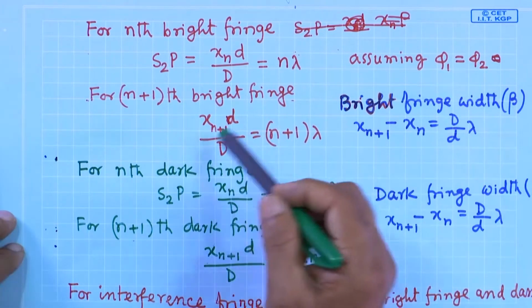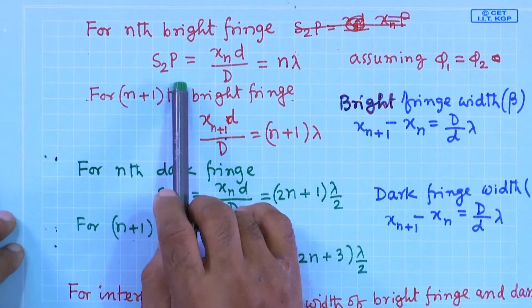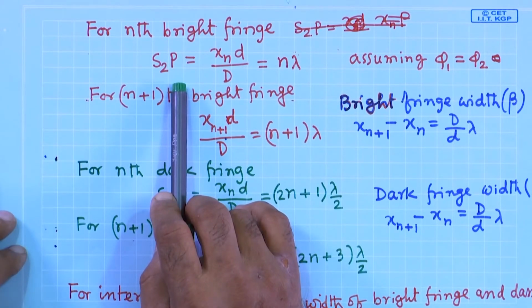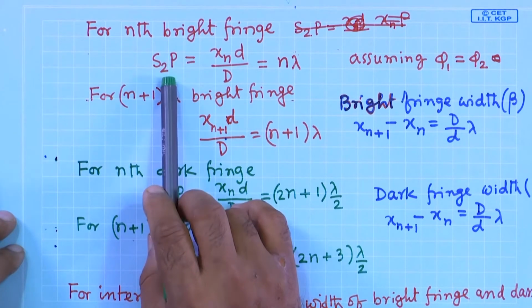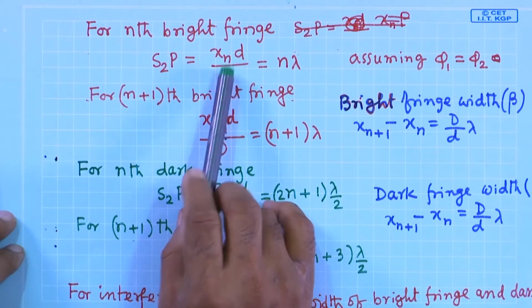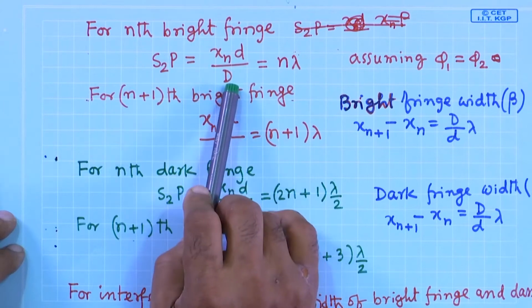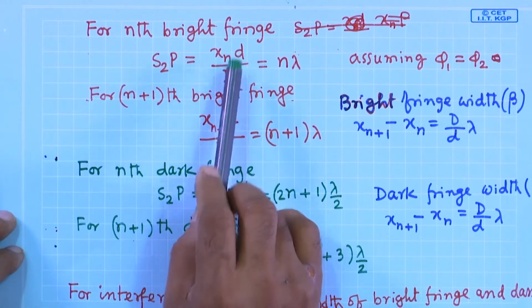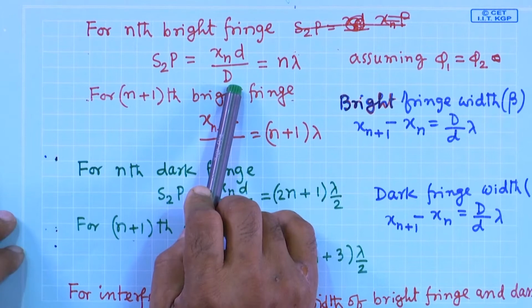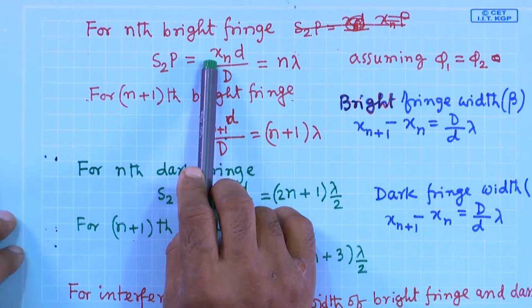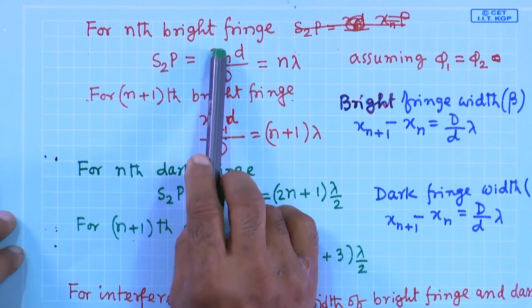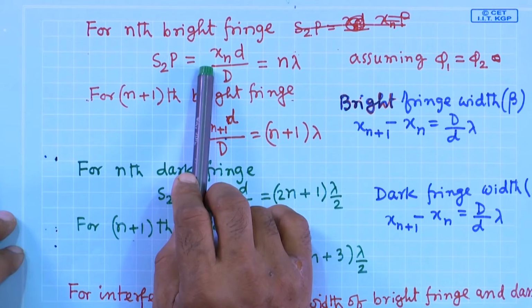So only in that term there will be path difference S2P and phase difference 2 pi by lambda S2P. Now we can write that this path difference will depend on, for a particular source and screen distance, this x n, the nth bright fringe.